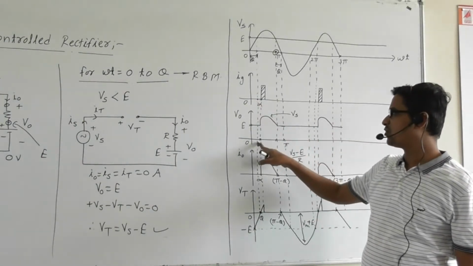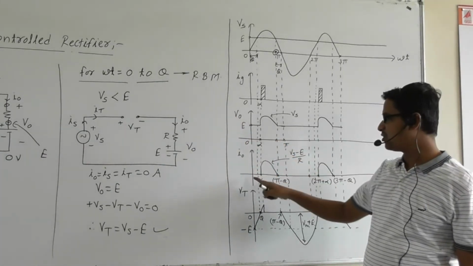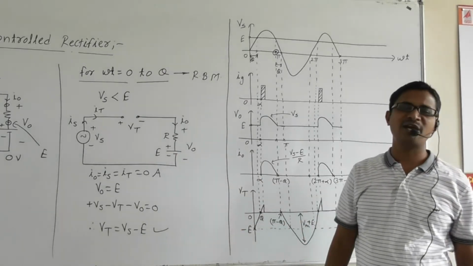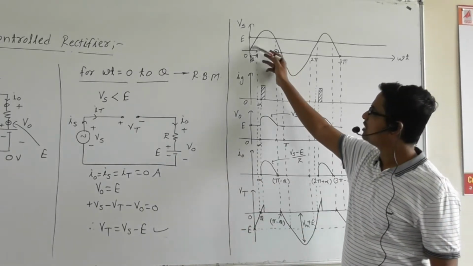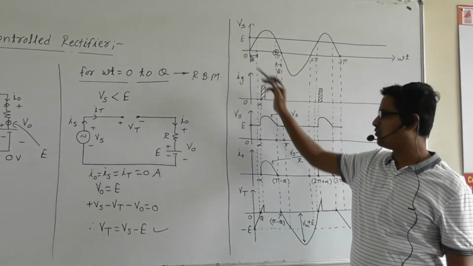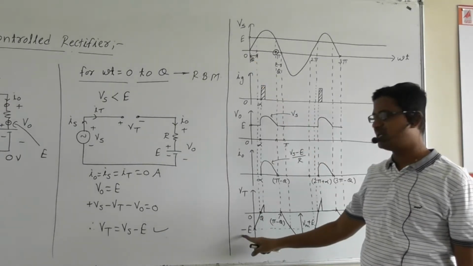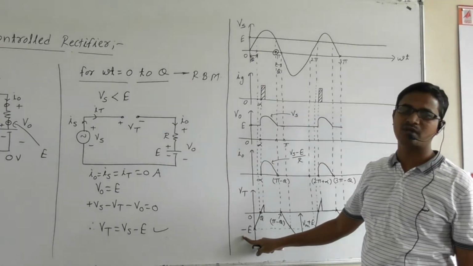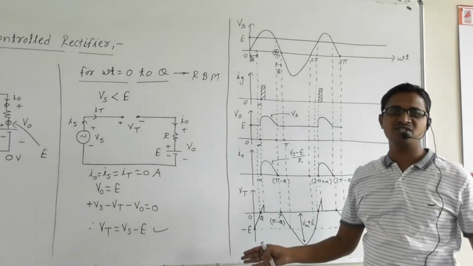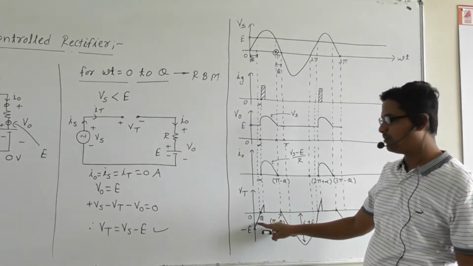Next, between 0 to theta, what is V0? V0 is equal to E. What is I0? I0 is equal to 0. What is Vt? Vt is Vs minus E. Vs minus E means the difference between these two waveforms. At omega t is equal to 0, Vs is 0, so it is 0 minus E, which is minus E. It is starting from minus E. After that Vs goes on increasing, so the difference Vs minus E goes on decreasing, so here we have a decreasing magnitude.